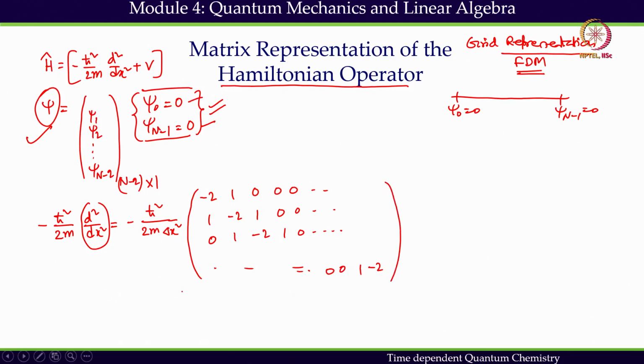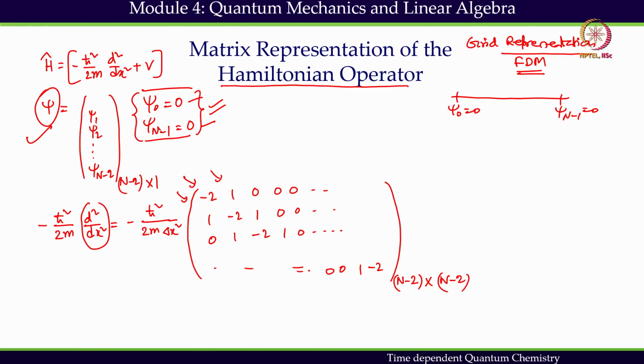So, I get a square matrix, but it is a tridiagonal matrix. It has diagonal, upper diagonal and lower diagonal finite values. All other values are 0. So, I have this (n-2) by (n-2) matrix represented by this.